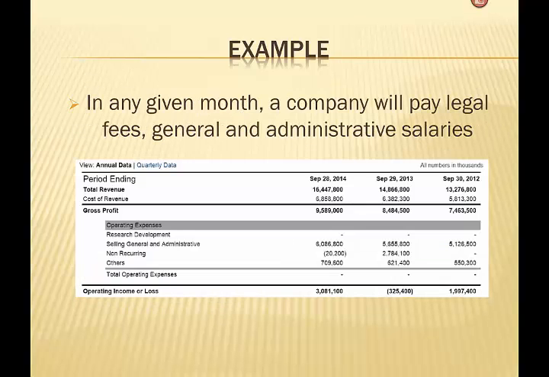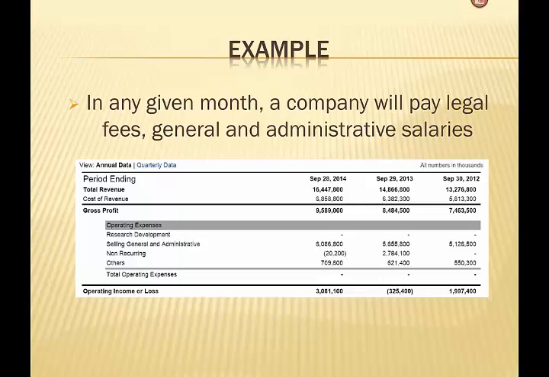Now, here's also the same Starbucks example, but I'm showing a little bit more of the income statement. Here, what we see are some operating expenses, such as research and development, because we can have costs for that in any given period. It's just not directly related to the sale of the coffee.